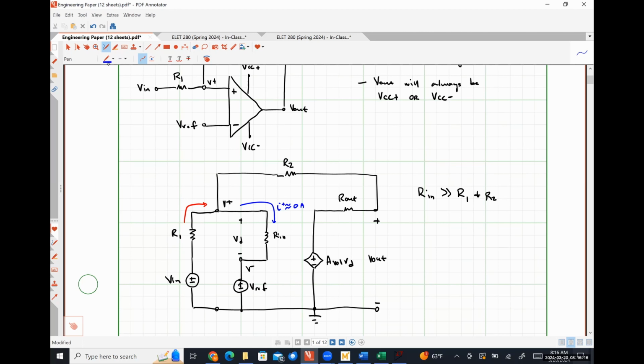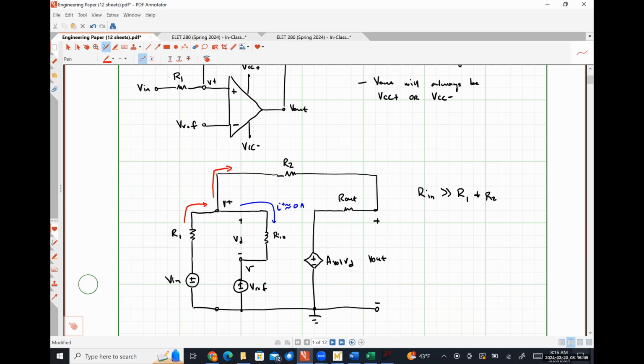And then the overwhelming majority of that current that I have listed in red is going to wind up flowing through that resistor R2. Are we all okay with this assumption based on the size of the resistors and all that kind of stuff? Okay. Now, what's the consequence of there being effectively no current flowing through our input resistance?